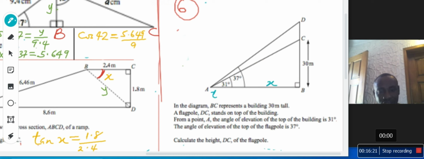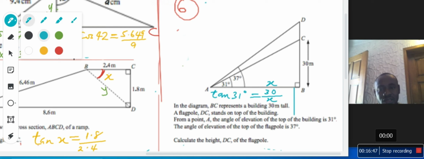So tan 31 degrees is equal to opposite over adjacent. What's the opposite? 30 over X. So what is X now? Let me squeeze it in here so that we have enough space for the rest.